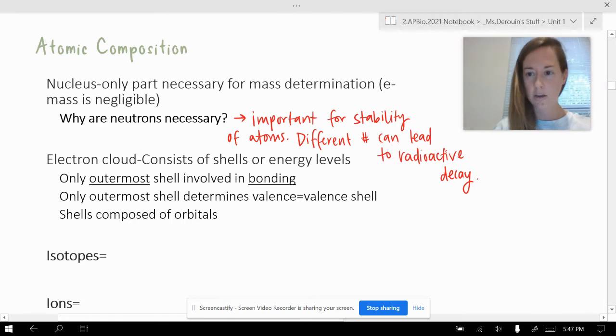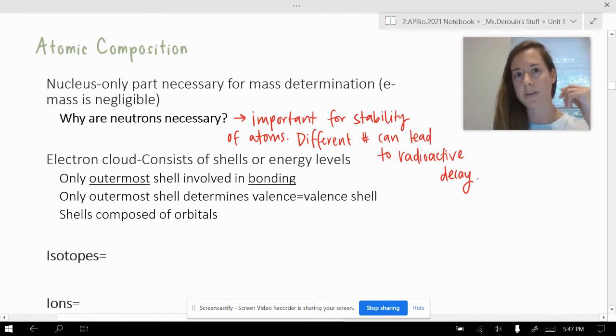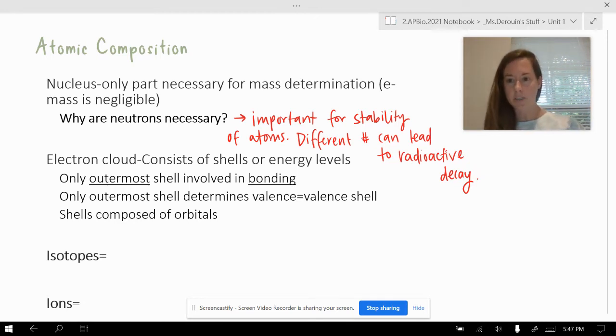Which is actually why carbon-14 can be used for carbon dating, because it's an isotope that is unstable. So it breaks down, and its half-life can be used to tell you the absolute age of a fossil or a preserved organism.